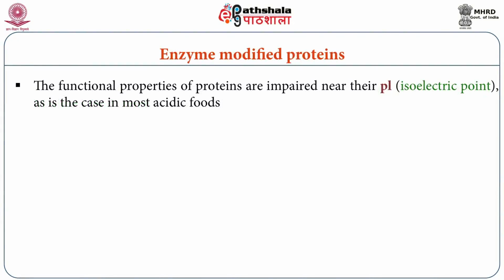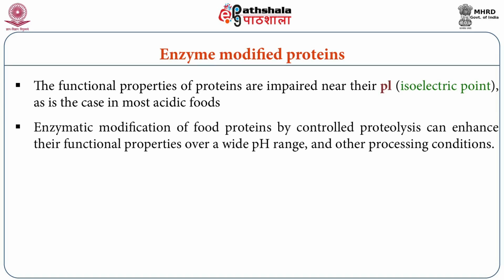Now talking about enzyme modified proteins, the functional properties of proteins are impaired near their isoelectric point. Okay, so most acidic foods are reaching the isoelectric point of the proteins, and when we want to use enzymes in these acidic foods, it becomes a real challenging situation.